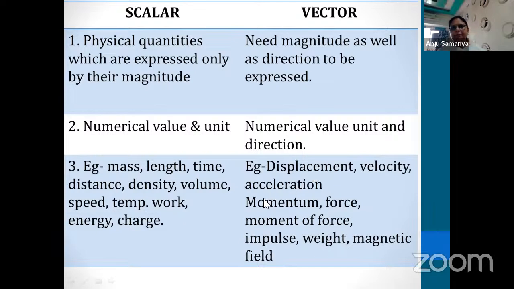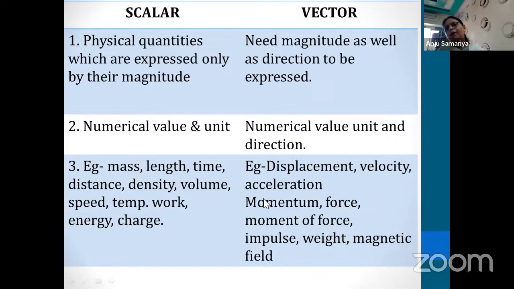When I say a boy is moving 2 kilometers, the question will be asked, in which direction? So I say the boy is moving 2 kilometers north. Then you can say, okay, the displacement is 2 kilometers towards the north. For distance, we do not require direction.